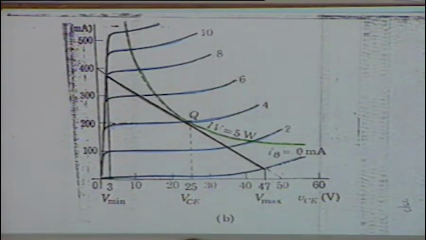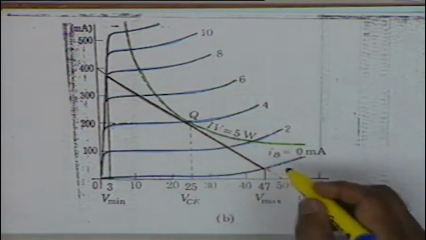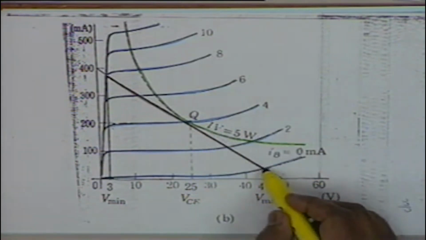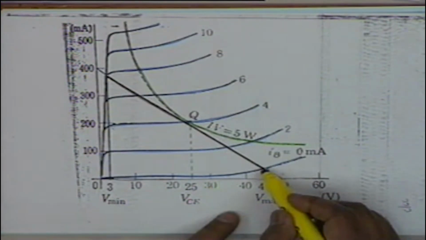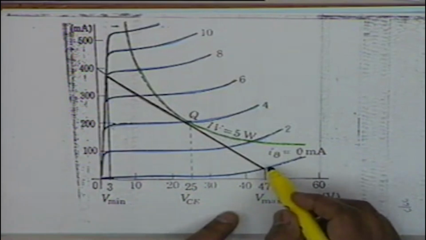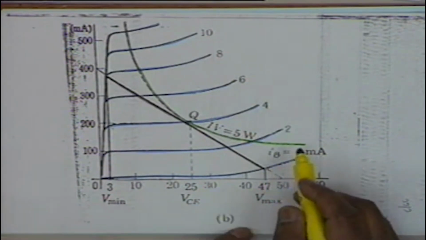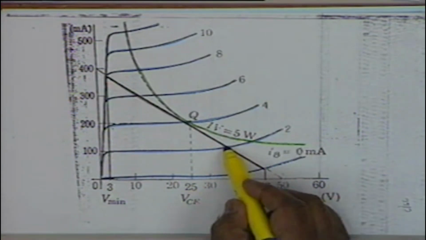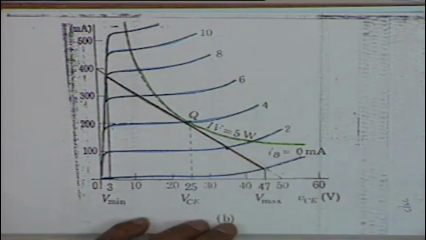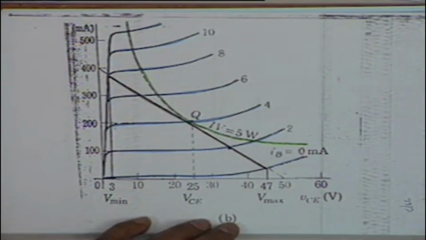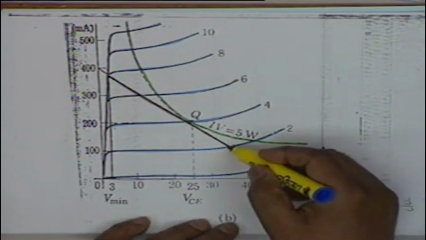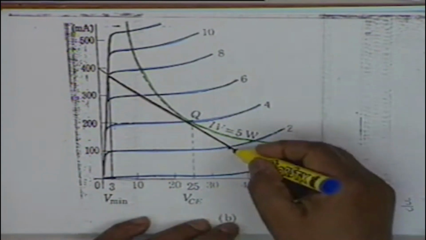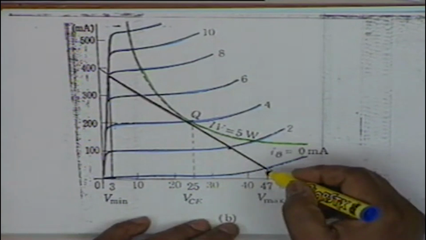On the other hand, if we had chosen our Q point, let us say somewhere here, then the collector current would have flown only for a part of the base current cycle, or maybe the Q point is here. If here we apply, let us say, a 2 milliampere peak AC, then for the positive half cycle there is no problem, but for the negative half cycle you shall have a problem.